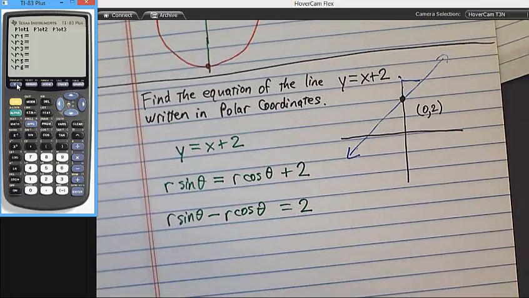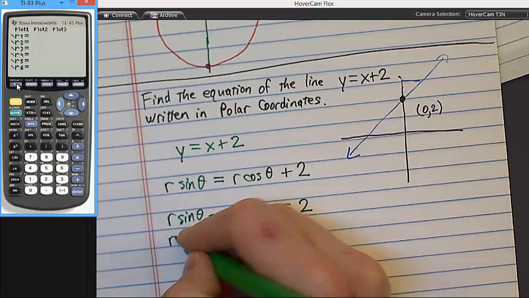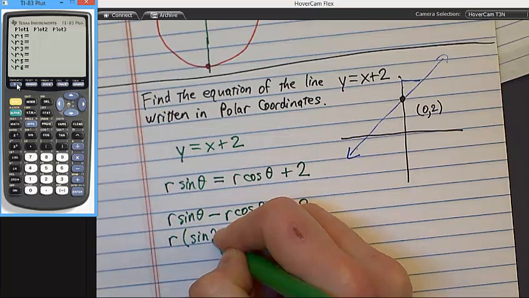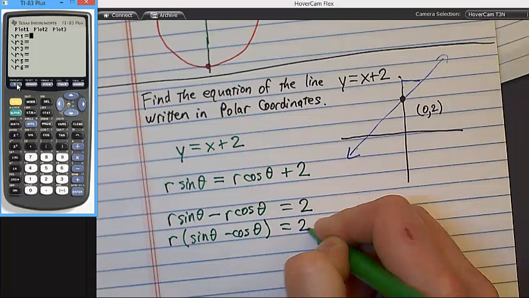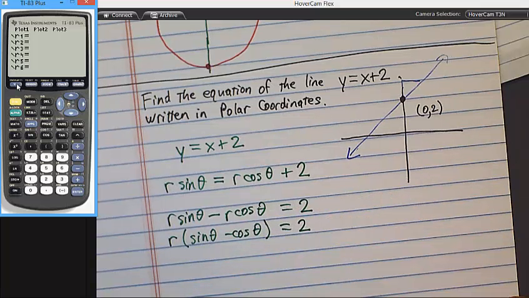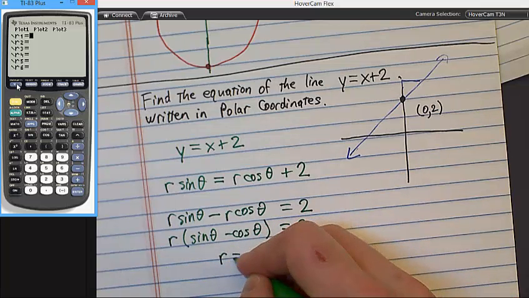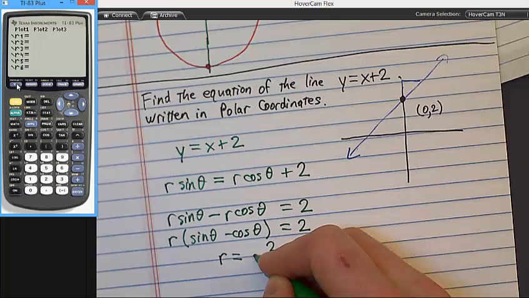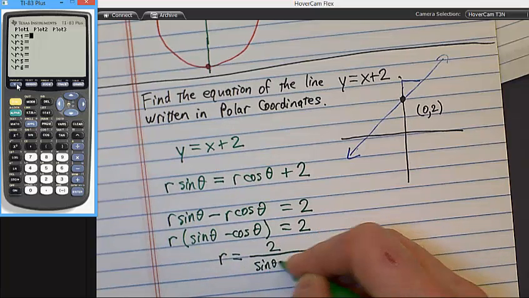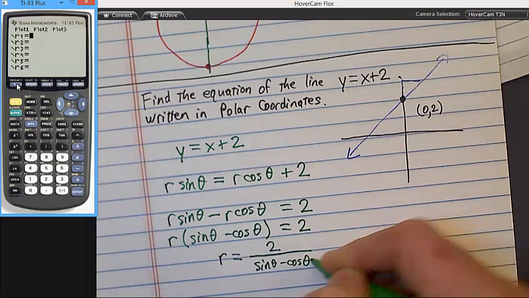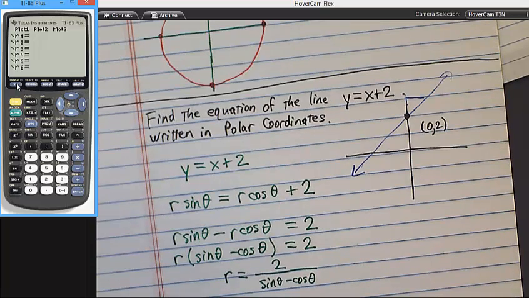So the next step is r times sine theta minus cosine theta is equal to 2. And now the last step, r equals 2 divided by sine theta minus cosine theta. That's what I'm going to type into the calculator.